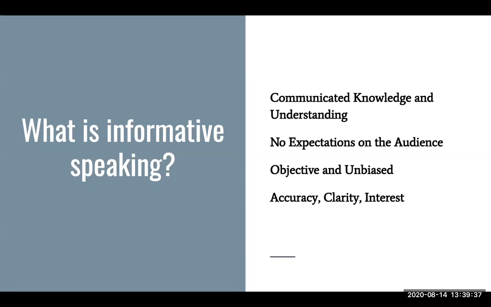And with that knowledge being conveyed, there's no expectations on the audience for what they do with that information. We're trying to remain as objective and unbiased as possible, just giving information, hoping that it sticks with our audience. And with our content, we want to make sure that what we're saying is accurate, that it's clear, and it's of interest to our audience.